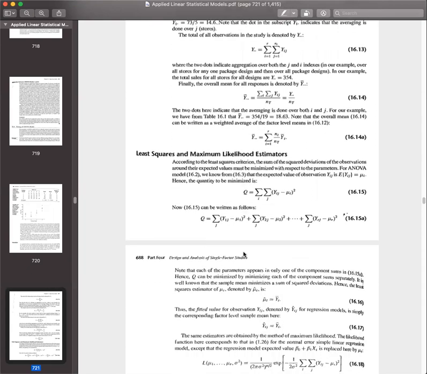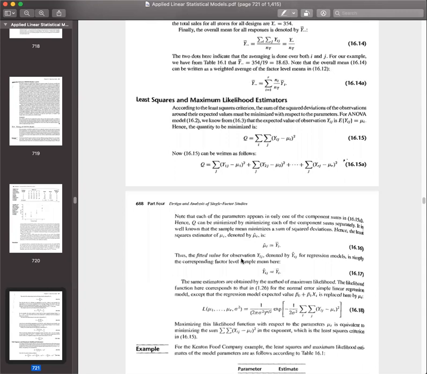Hence, the quantity to be minimized is Q, the summation over i and the summation over j of Yij minus μi, all squared. That can also be written as Q equals the summation over j of Y1j minus μ1 squared, through to the summation over j of Yrj minus μr squared.